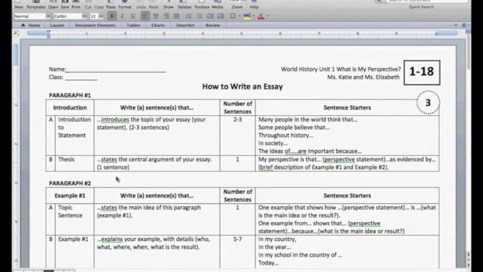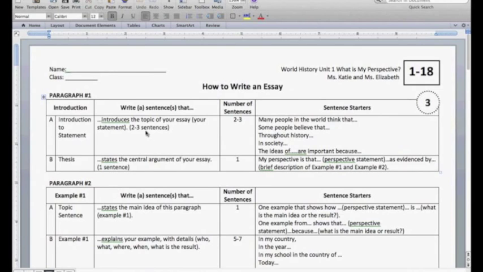So doing something like this, where you have paragraph 1, there's an introduction, and the parts of that introduction are background and a thesis, right? How many sentences would it be, and sentence starters of how you would start those 2 or 3 sentences.